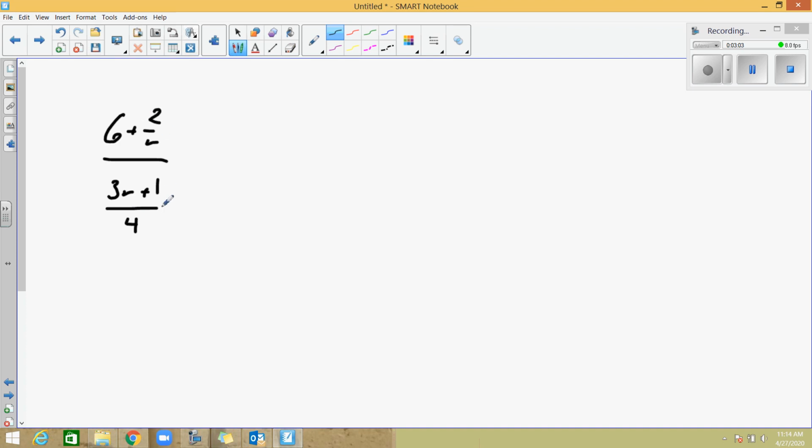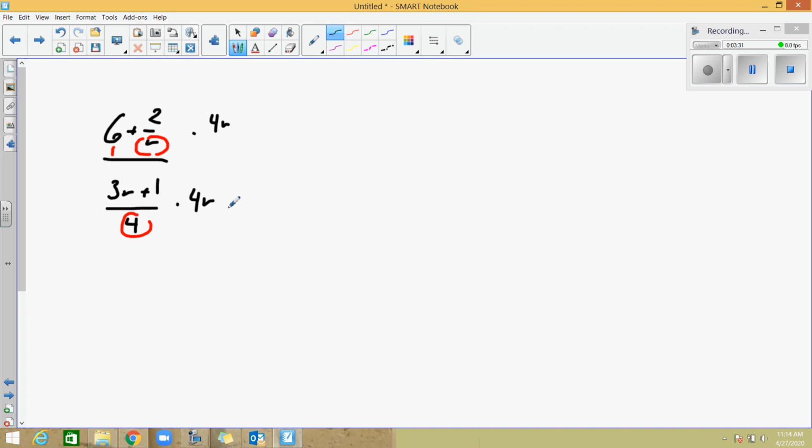But let's just look at all the denominators we have. We have two terms. This denominator is 1. We have a denominator of r there, and we have one denominator here because it's under both of these terms of 4. So my common denominator between 1, r and 4 is simply 4r.